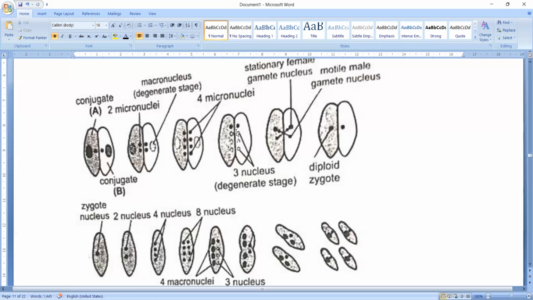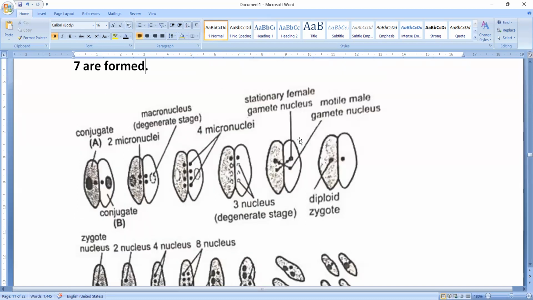Out of 8, 6 disappear and only 2 are present. Now a cytoplasmic bridge is formed for the exchange of the nuclei.